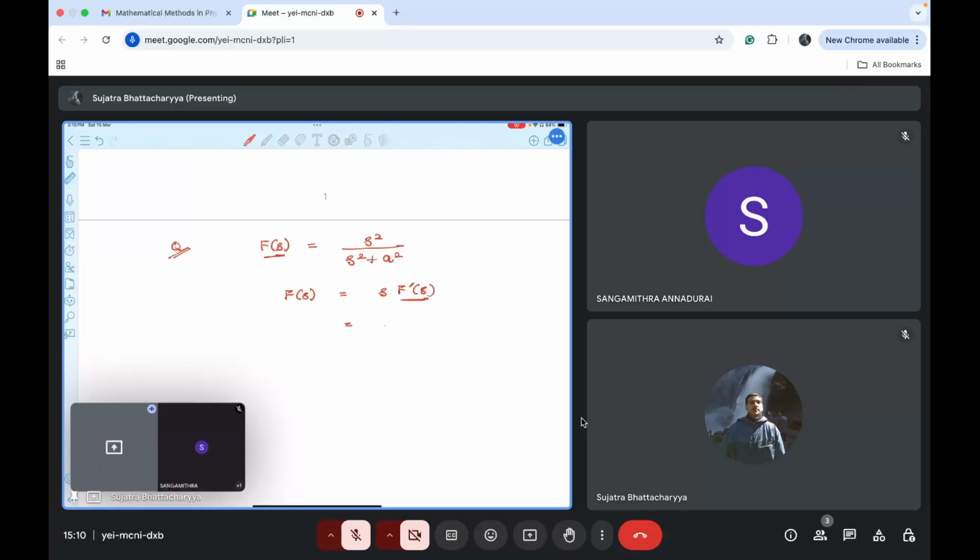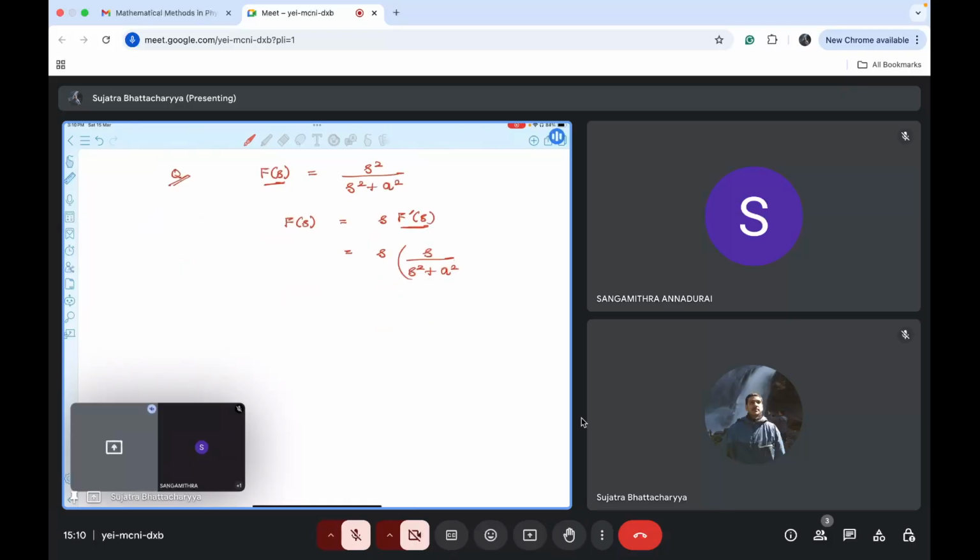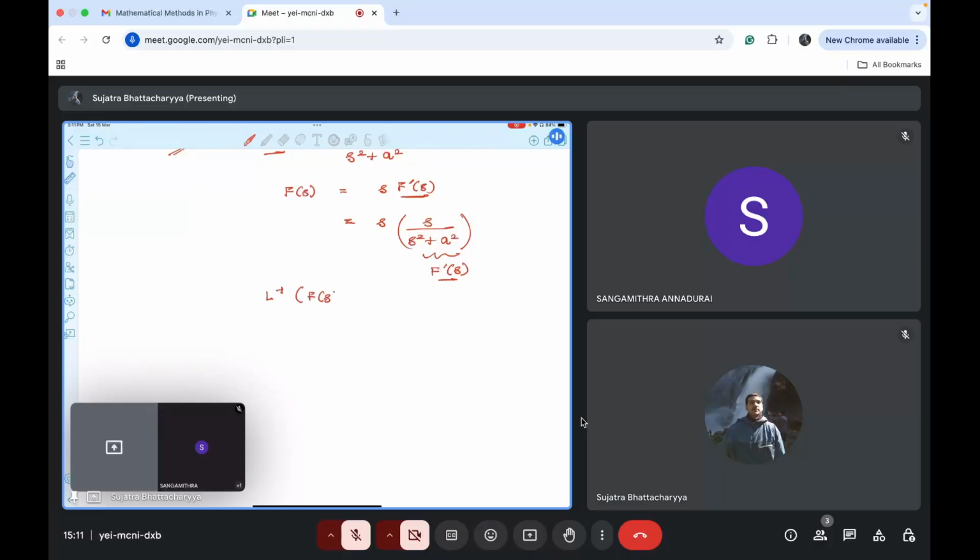So I can write this as s times s upon s square plus a square. Right? This we can write. So this s upon s square plus a square can be written as F dash. All right. So this is fine. Now I need the inverse Laplace transform of F(s), which is nothing but L inverse of s times F dash(s).